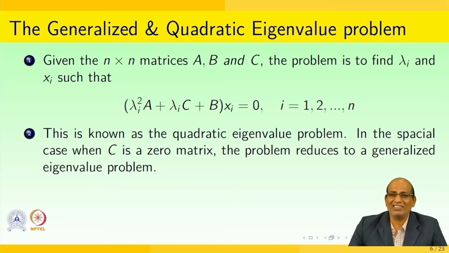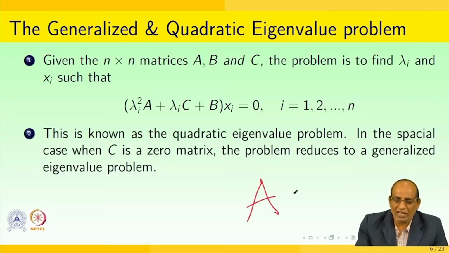Given the n by n system matrix A, B, C, the problem is to find lambda I and xi such that the equation lambda I square times A plus lambda I times C plus B times xi is equal to 0, for every I equal to 1 to n.